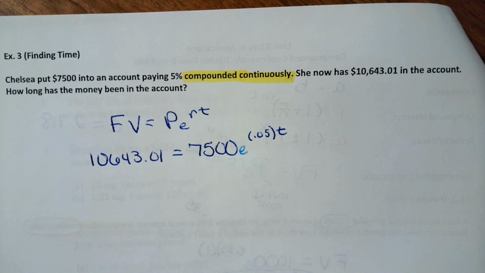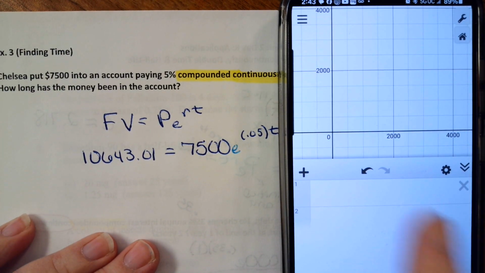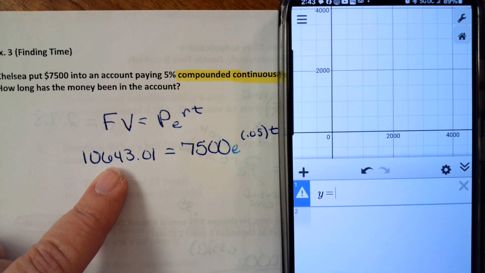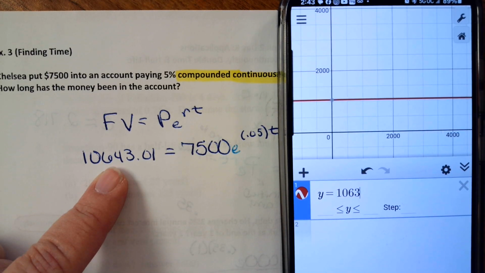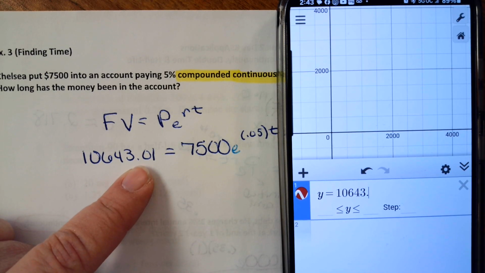All right, so we've got two ways of solving this. We could do natural log, or I would strongly suggest just doing left side, right side on this one. So I'm going to come right here and put my left side in. So we've got y equals 10,643.01.